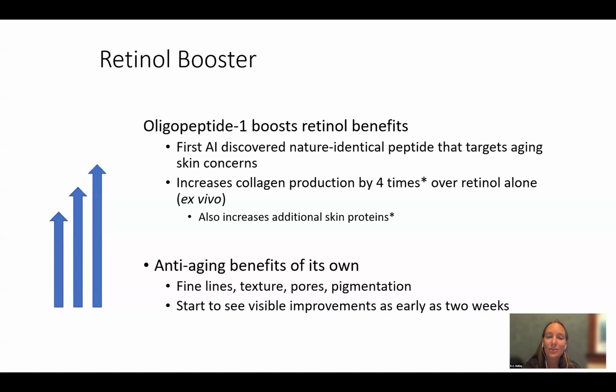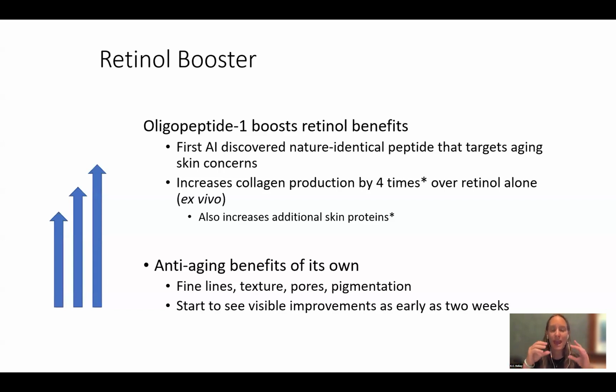But it actually can increase collagen production by 4 times over retinol alone ex vivo. So they took skin explants, so skin that people weren't using anymore, which sounds weird, but from plastic surgery, right?